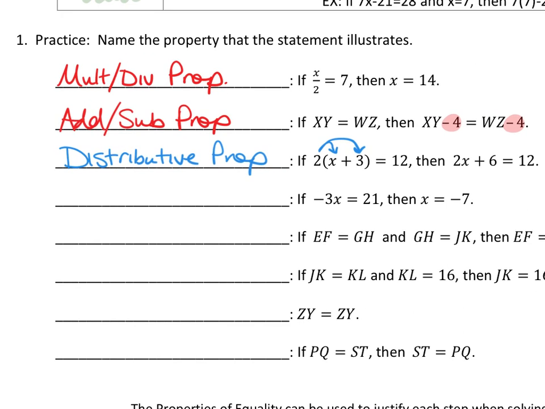Okay, fourth one. We have the conditional statement that says if negative 3x equal to 21, then x equal to negative 7. How did we go from the if to the then? I notice that next to x there was a number, and then all of a sudden next to x there's not a number. How do you get that number to go away?